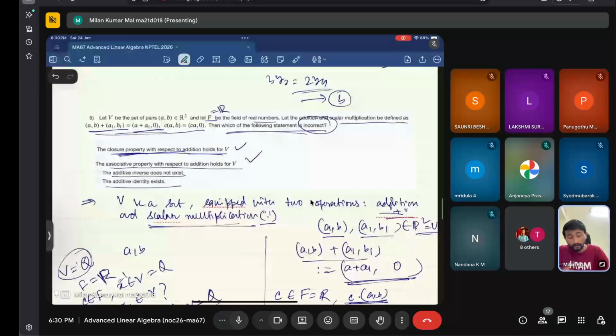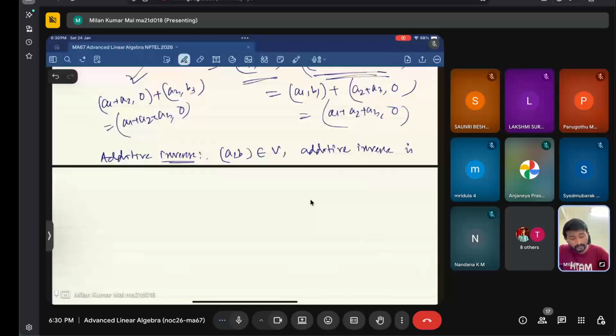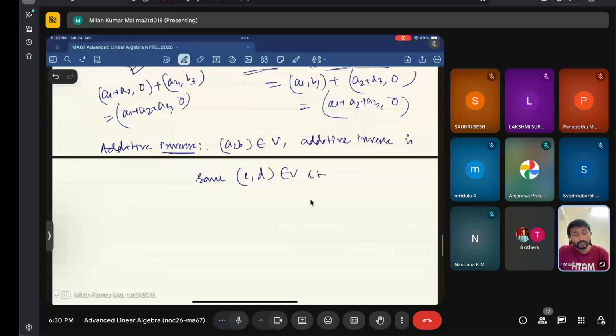Additive inverse means for any element (a, b) belonging to V, the additive inverse is something like (c, d), another element in V, such that (a, b) plus (c, d) is actually the zero element.